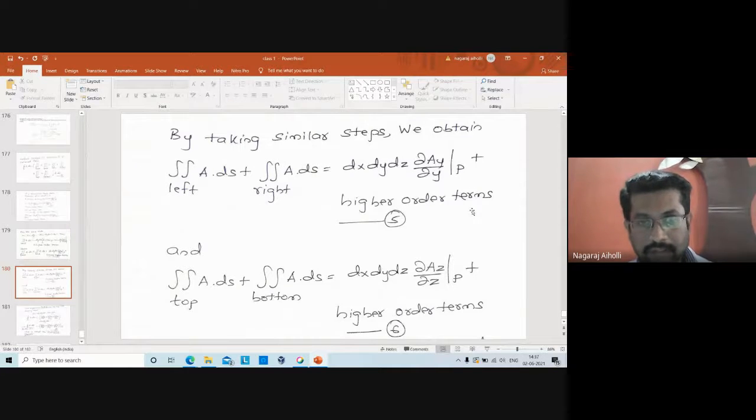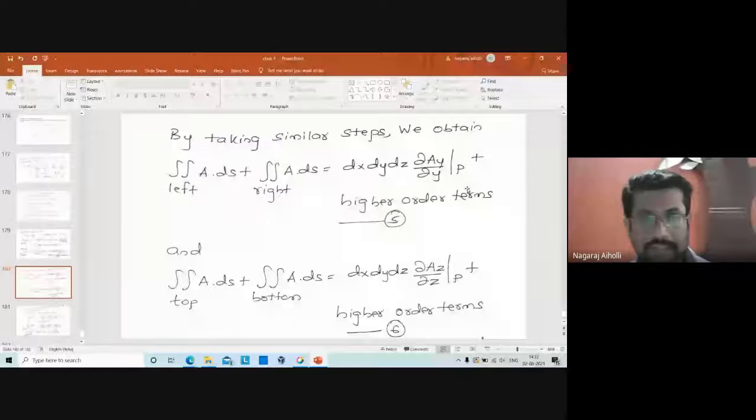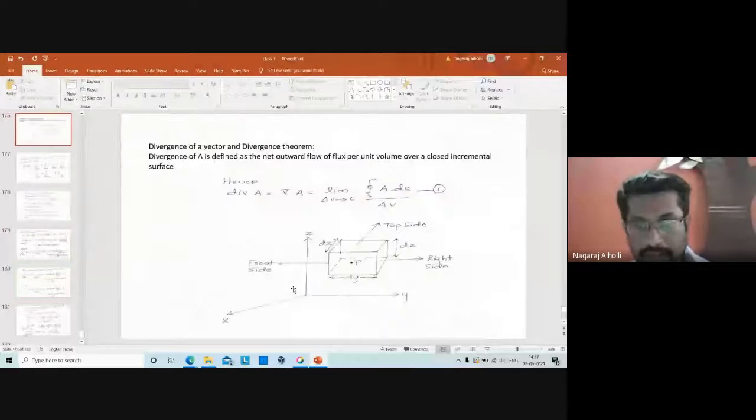For front plus back, what are we getting? ∂Ax/∂x at point P. For left plus right, what are we getting? ∂Ay/∂y at the point P plus the higher order terms. Next, for top and bottom, what is the coordinate we are taking? Let us look at that. Top is here, the vertical direction, it is z, 0 to z, correct? Vertical, so top means it is with respect to z.